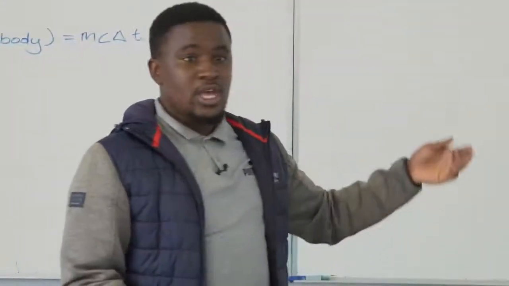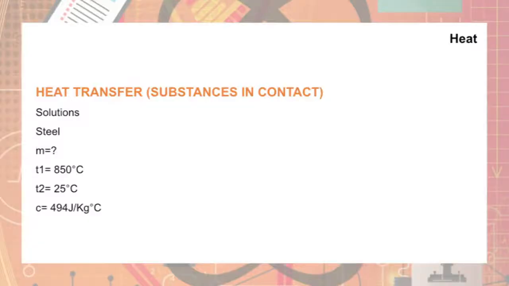We check our knowns. We have our steel, and we are requesting the mass. The knowns: we know T1, we know T2, we know C, but we want M. Then for water, we know that 1 liter of water is equal to 1 kilogram.